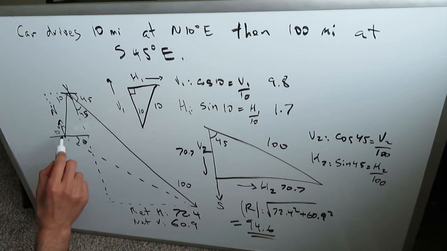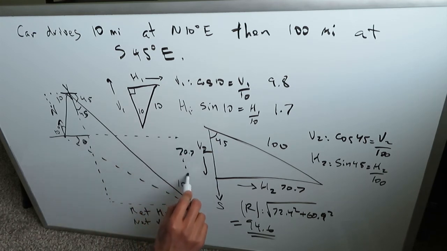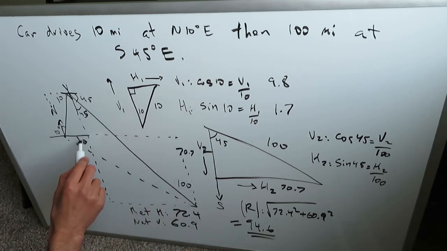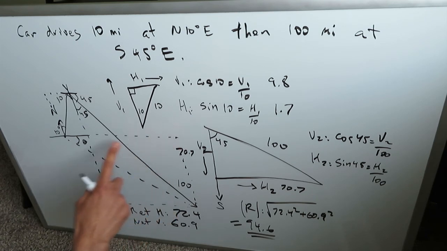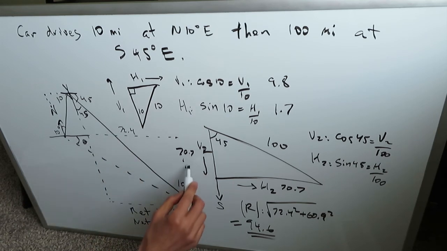To determine the angle, take this triangle over here and extend it across over here and bring it down over here. So you can start determining, with reference to this, what will be your y value and what will be your x value. We know our net horizontal was 72.4. We know our net vertical was 60.9.